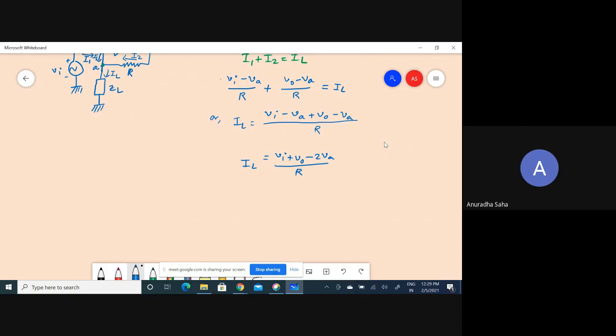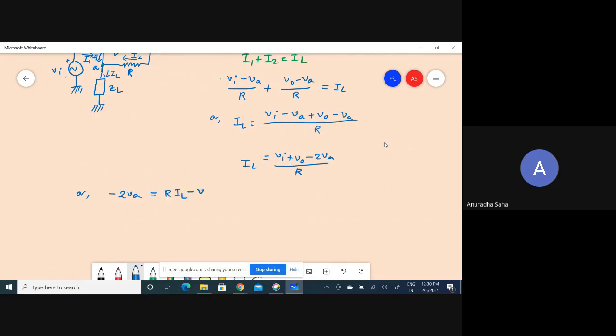Or if we change the side, you can write that minus 2VA is RIL minus VI minus VO.